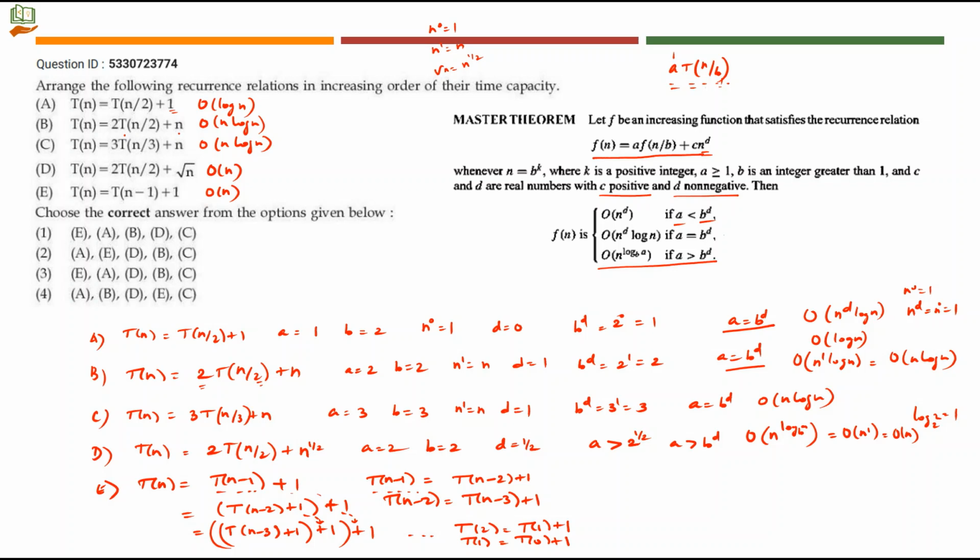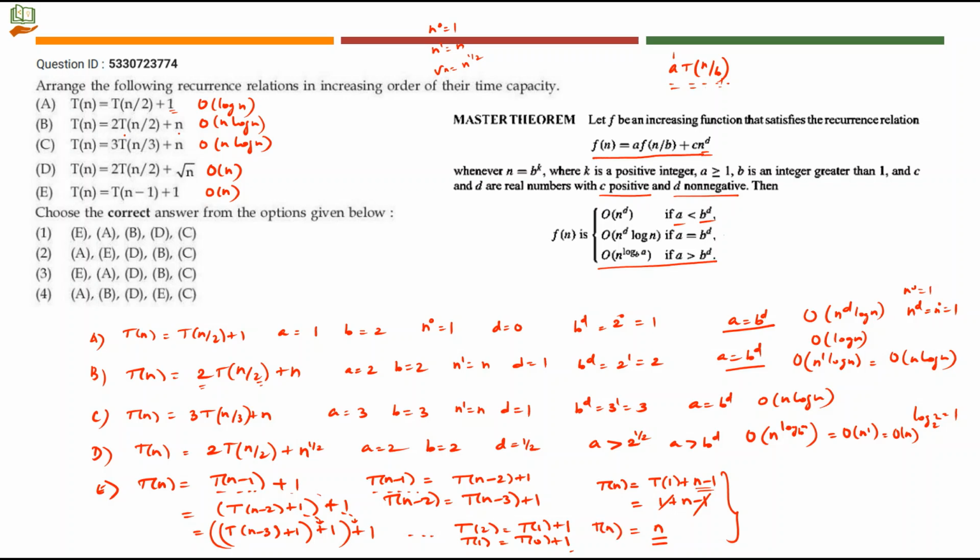You can simply say T of n can be obtained by T of 1 plus n minus 1 terms. So here T of 1 we know the value is 1. So this is 1 plus n minus 1. You can just cancel them and then get n here. I am plainly taking it as n minus 1 terms, and we are bringing this to T of n is equal to n here. So this is just a working that they have given in order to justify how it is big O of n.